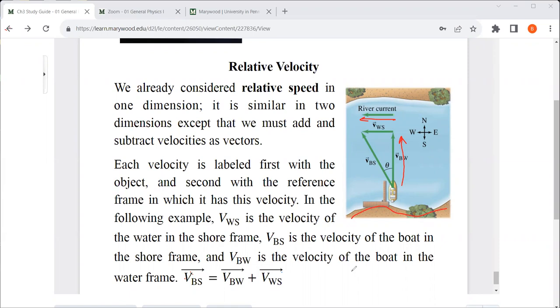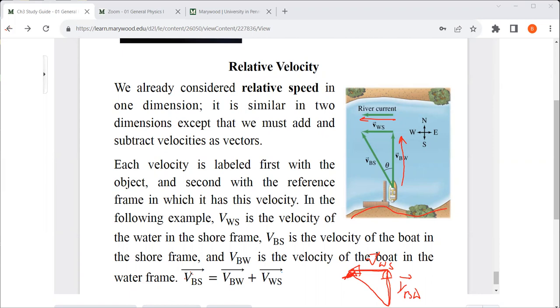So you see that this is the river current. River current means water's velocity with respect to shore, and this is the boat's velocity with respect to water. So this is one vector, this is another vector. We want to know the net velocity or the resultant velocity. It will be tail to tip, right?